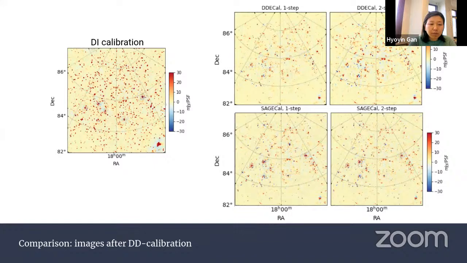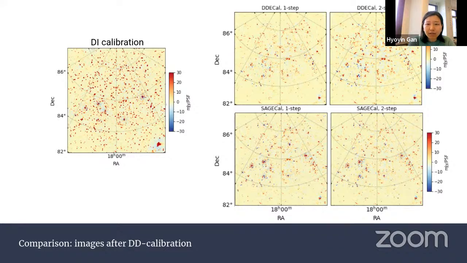So first of all, we will show some images before and after direction-dependent calibration. On the left side, we have the image after direction-independent calibration, where we only corrected for the flux. So we have a lot of components in the field of view. And on the right side, we have the results after we have subtracted the sky model.